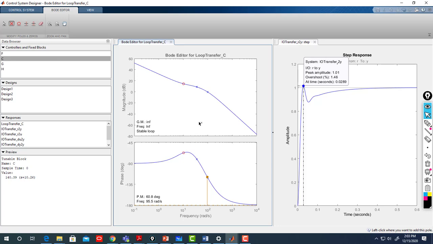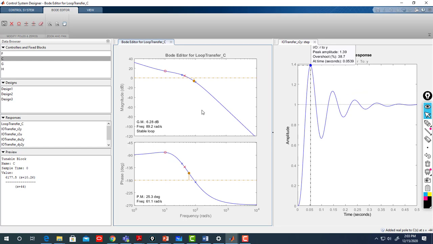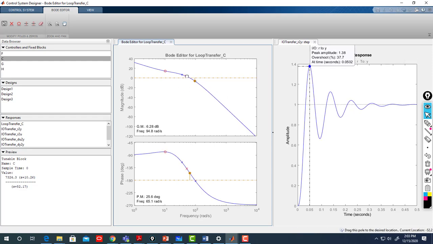If that's 20, maybe I add my pole in here. Alright. Now you need to play with the pole and 0, drag them until you satisfy your requirement. So how to move the pole and 0?